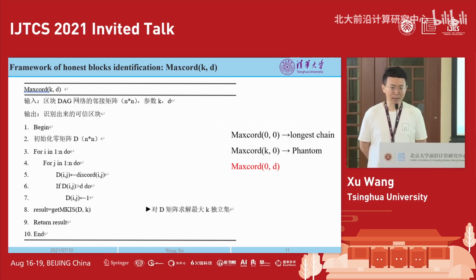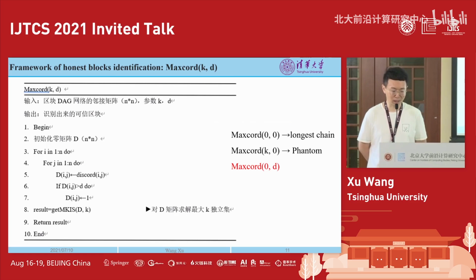There are two parameters in the framework. When K and D both take 0, the framework corresponds to the rule of the longest chain. But when only K takes 0, it corresponds to the popular property called phi. Because phi does not make use of the information between the blocks.